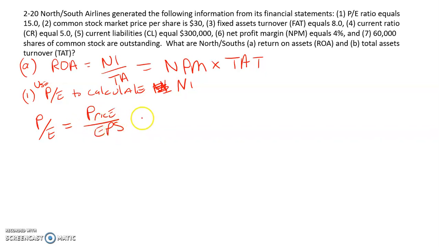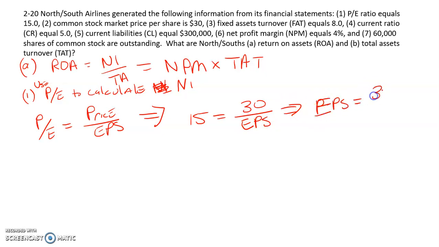We know that the PE is 15, the price is 30, so 15 is equal to 30 divided by the earnings per share. So earnings per share is equal to 30 divided by 15, or 2.